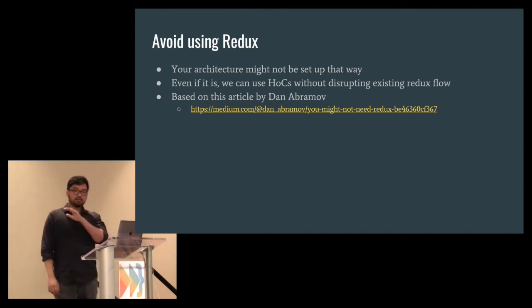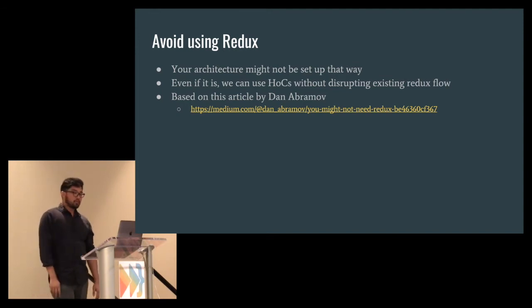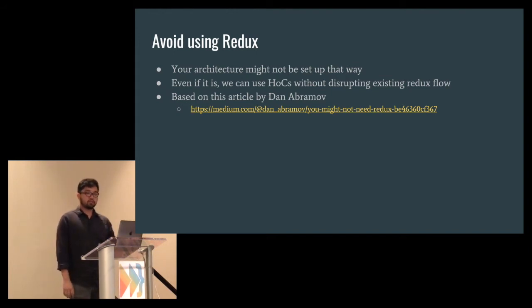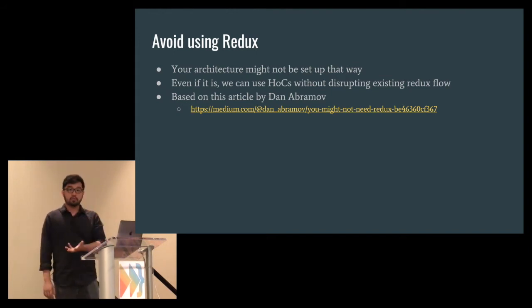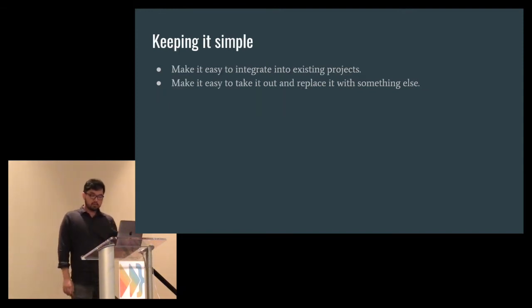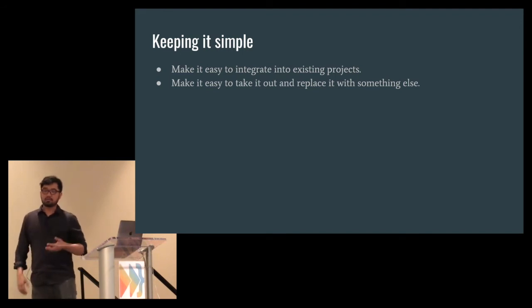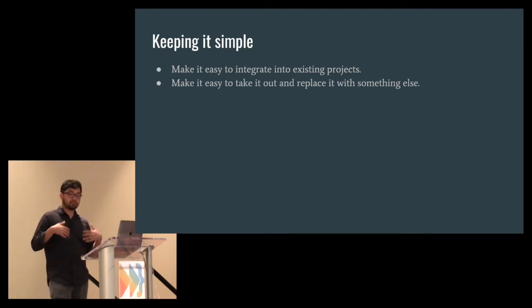There are hundreds of different setups, and our implementation should be able to work for all types. We can do that using higher order components, by avoiding Redux. And like I said, it makes it really easy to integrate into existing projects, and also really easy to take out and replace with something else.